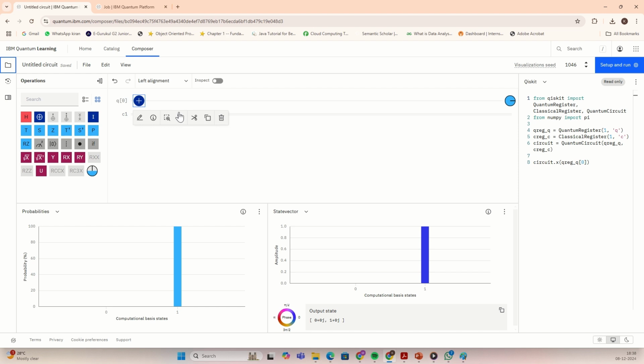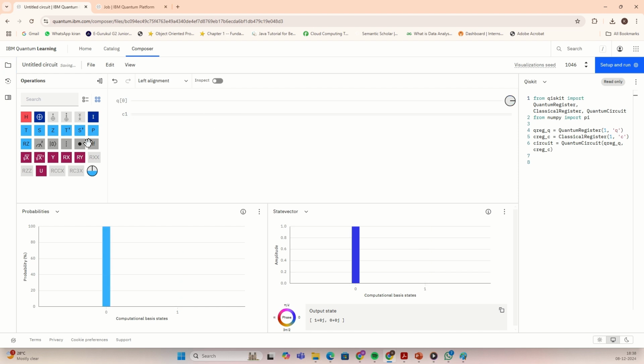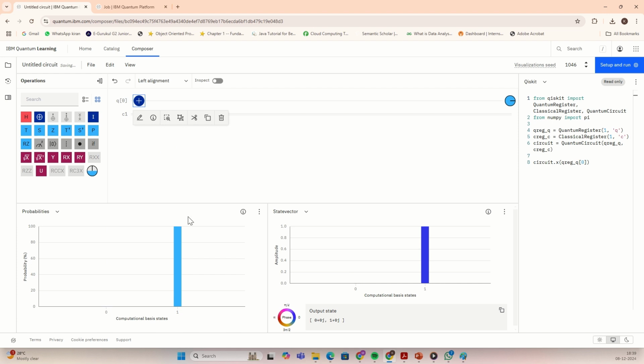Firstly, understand this qubit 0. Suppose I am applying the measurement over here. See, if I apply the measurement here, what is the input? It is |0>. So the state vector is 0, and the probability of getting 0 is certain because we are giving the input as 0 only. Now when I apply the Pauli X gate on 0, what is the expected output?